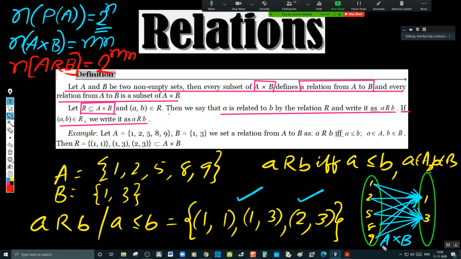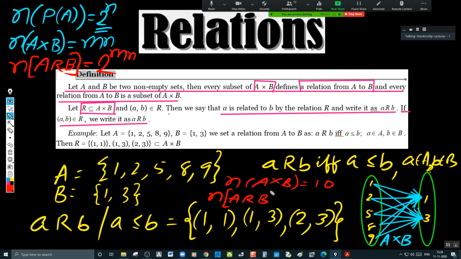In this case, how many elements are there in A cross B? 10. n of A cross B is equal to 10. Now I need the total number of relations that can be formed in A cross B, n of A R B. It is 2 raised to 10.